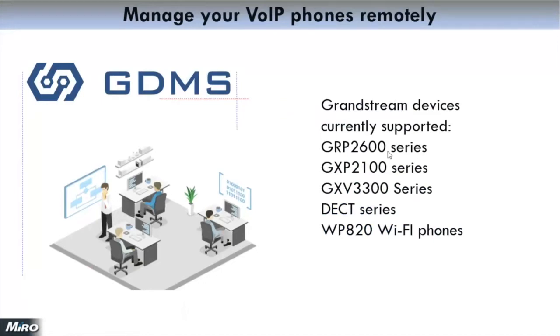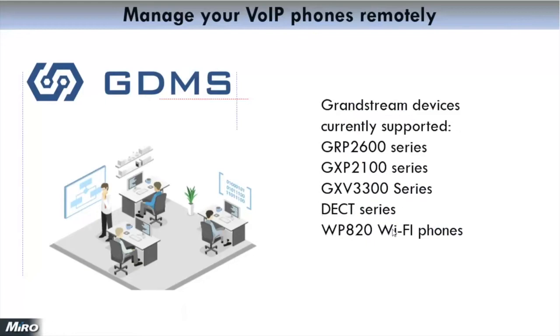We support the GXV series of video phones, which are Android based, and they are able to run applications such as Microsoft Teams and Zoom directly on those phones. We also support the DECT series. Those of you who are users of Grandstream DECT are very familiar with things such as the DP722, the DP730, and the DP720.